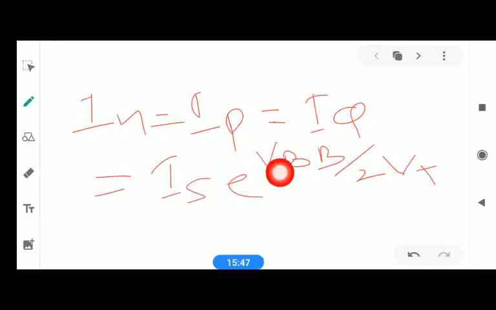We already got the equation, In equal to Ip equal to Iq, which is Is e raised to VBB by 2Vt, we have seen, right? Assuming that Iq is equal to Is e raised to VBB by 2 into Vt, to find the equation for VBB we send Is to that side, which becomes Iq by Is.